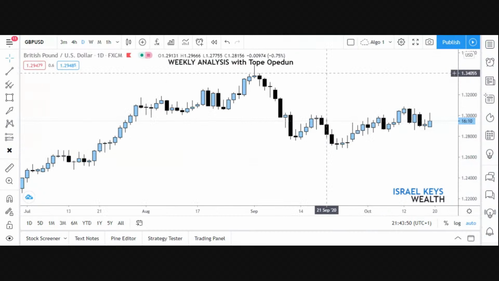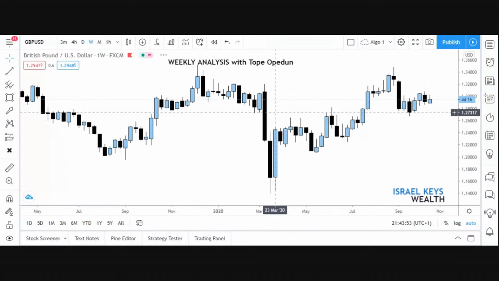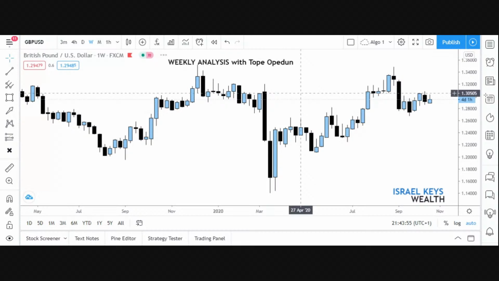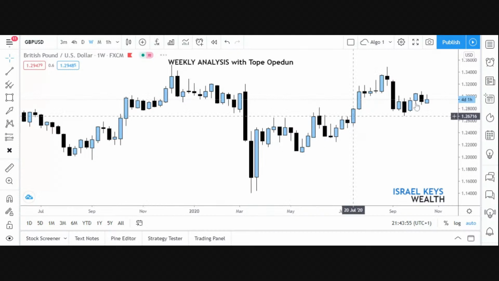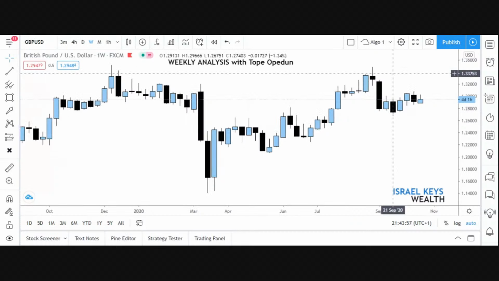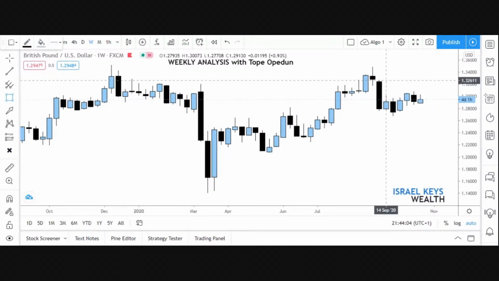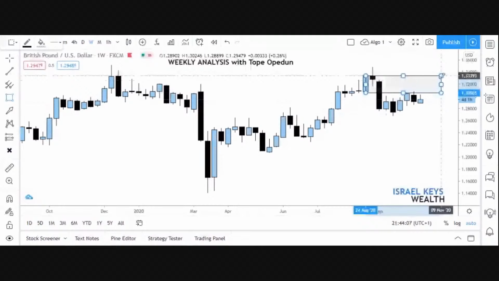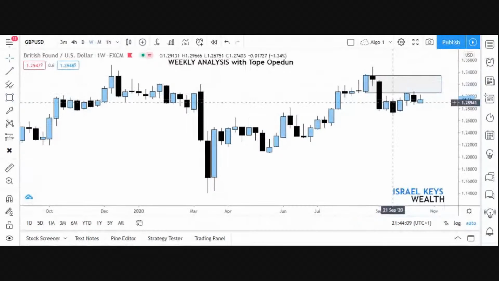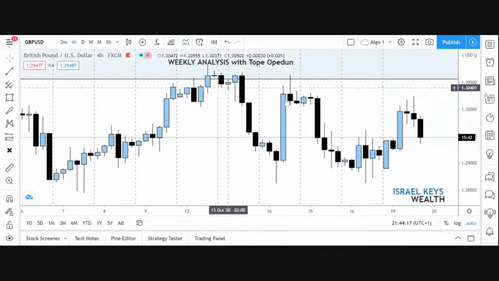So if we went to the weekly, let us check what price is doing. The same thing like the US dollar. At the bottom there was a bullish weekly order block, and this one at the top there's a bearish weekly order block. So which is in sync perfectly with each other, and we can see that price bounced off of it, and is looking to continue its nosedive down.